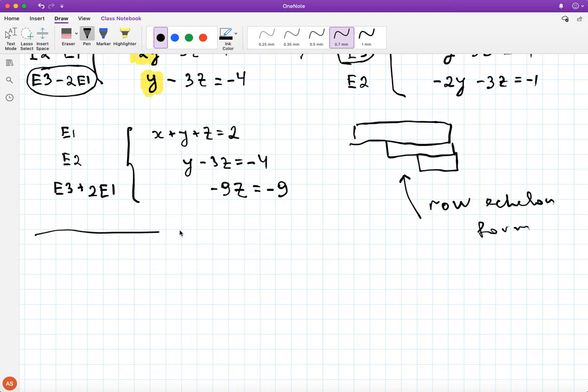So, a new example. Let's look at the following system.